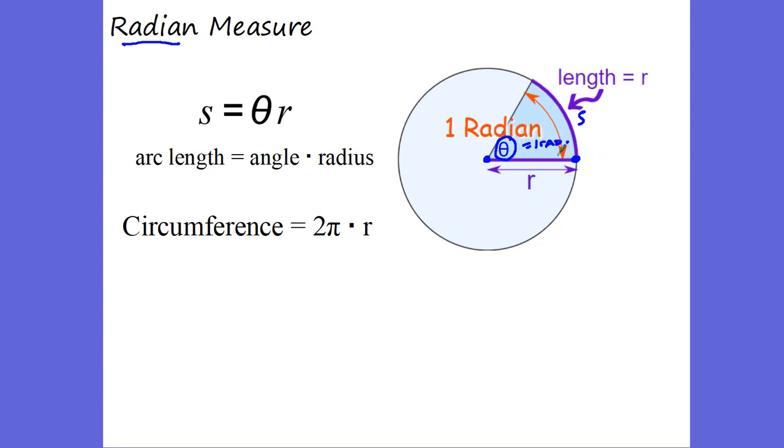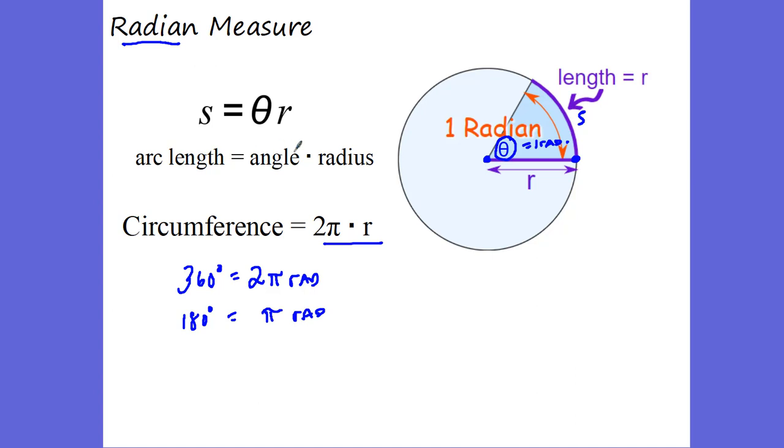That means one full circle around, 360 degrees, equals 2 pi radians. So 360 degrees is equal to 2 pi radians, which means 180 degrees equals pi radians. That makes logical sense because 2 pi times r equals the circumference.